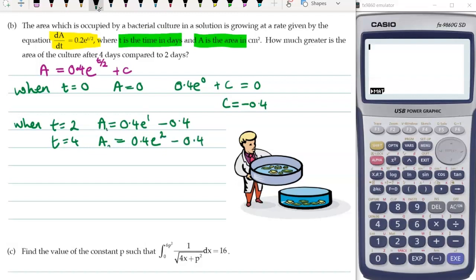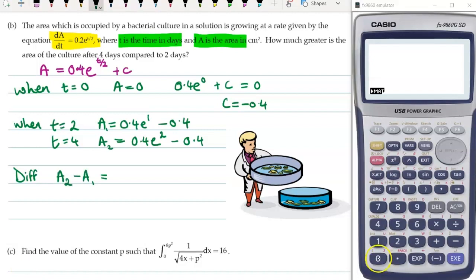Let's call that area 1, area 2. The difference we're looking for between those 2 days, A2 minus A1, is 0.4 e to the 1 minus 0.4, take away 0.4 e squared minus 0.4.